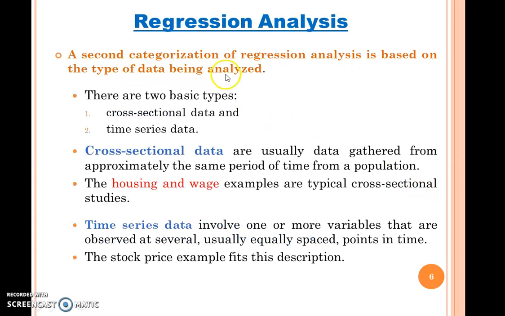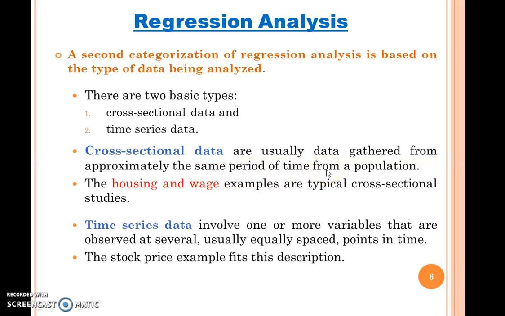The second categorization of regression analysis is based on the type of data. What type of data we are going to take to do regression analysis. Based on that also we can categorize. So here we have two different basic types of data. One is cross-sectional data, the other one is time series data. In cross-sectional data, the data collected will be in the same period of time.